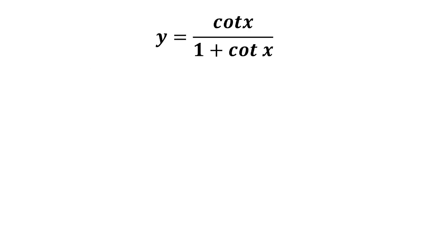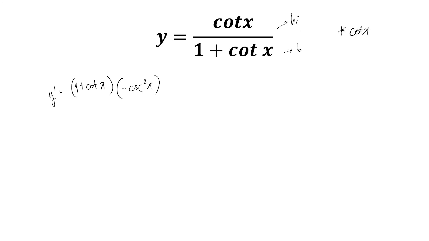Next problem. We have y equals cotangent of x over 1 plus cotangent of x. Again, we can use quotient rule. That is our low and that is our high. Y prime equal to low, copy only the low, and then the derivative of high. What's the derivative of cotangent x? Okay, that's negative cosecant squared x.